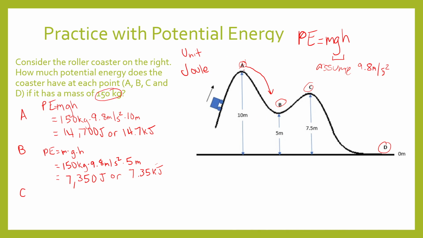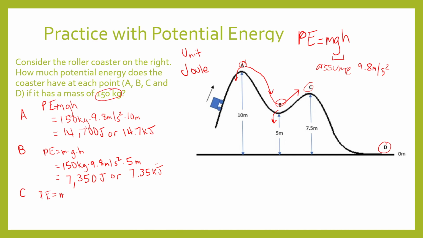So you can imagine if you were standing at the top of the roller coaster here and were to fall versus standing here and were to fall, the 5 meter height is going to be way less painful than the 10-meter height.